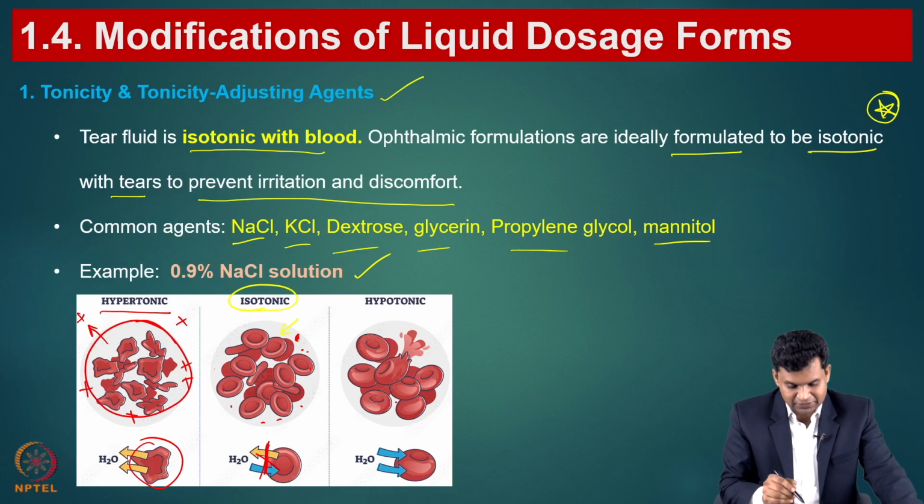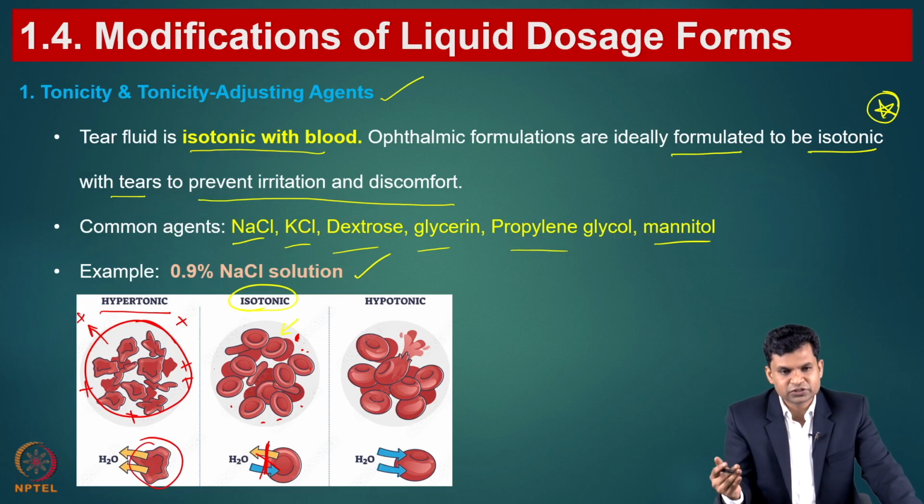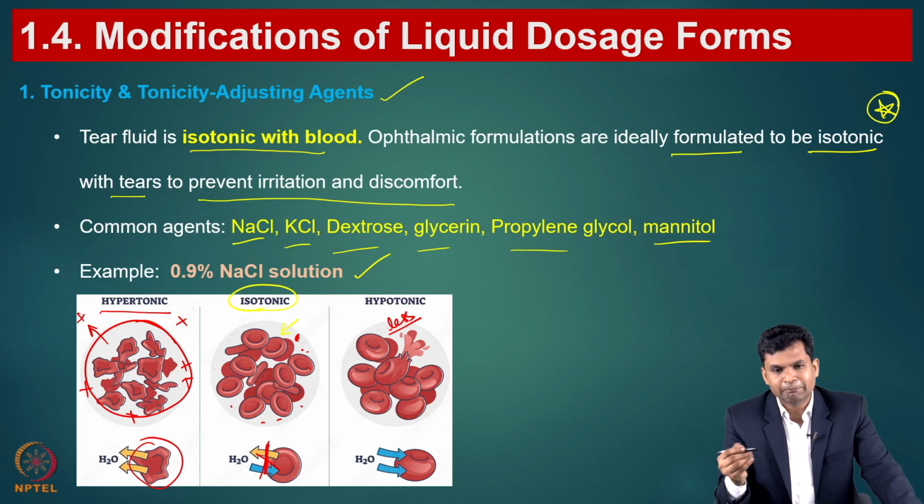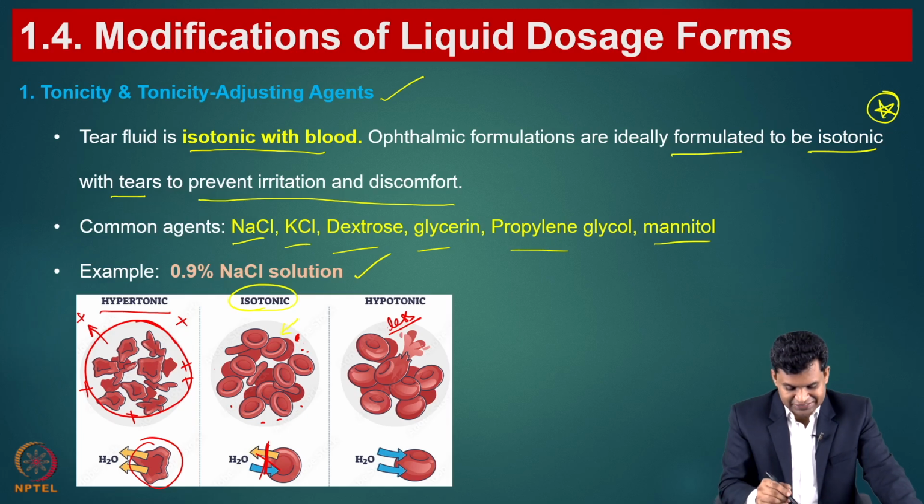Whereas in hypotonic, it happens completely opposite to hypertonic. In hypotonic, you have a low solute concentration outside. As per osmosis, the system will maintain an equal balance, so water moves from the low concentration to the high concentration.